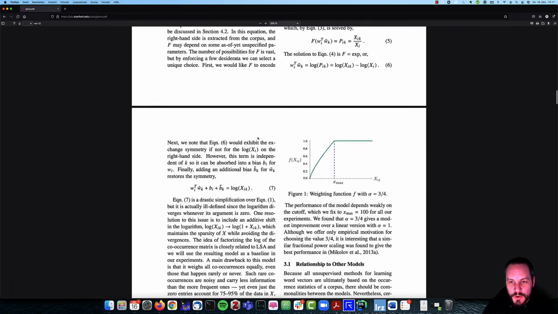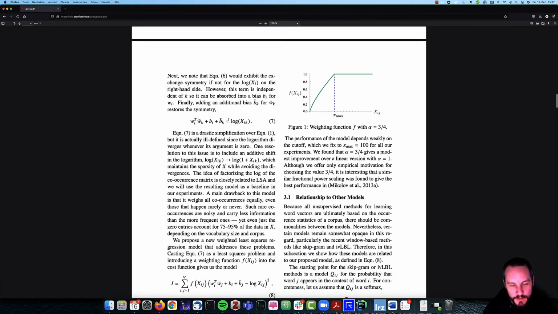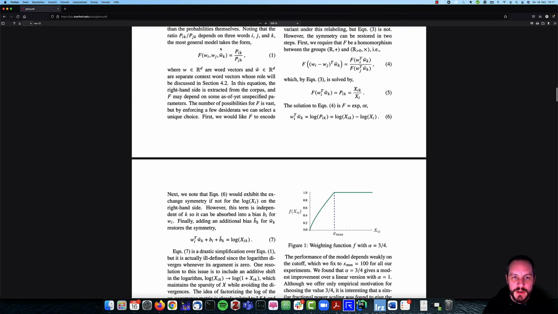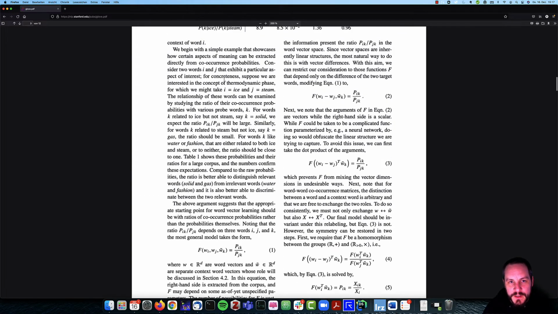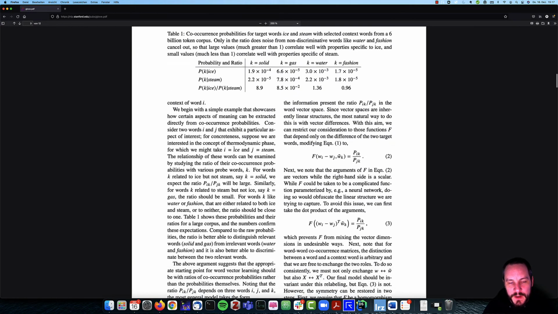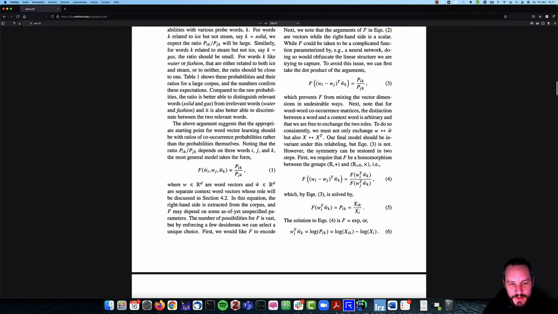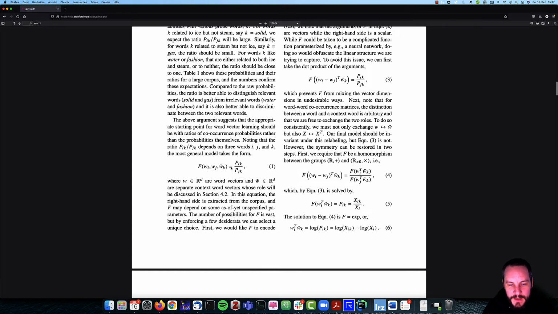Okay, so what we are doing in practice now, or if you want to build the GloVe model, is that starting from the formulation here. So here we have the probe word vector, and we have the two words that we would like to compare. So in our example, the probe word vector would be the vector for instance for solid, and then we have the two word vectors for ice and for steam, and that's where we start.